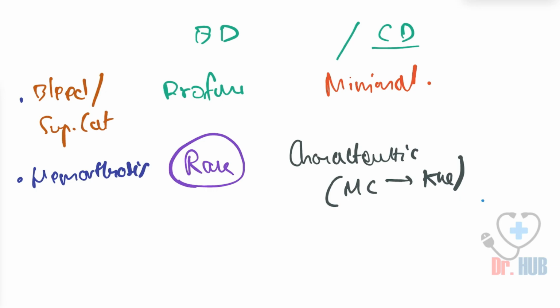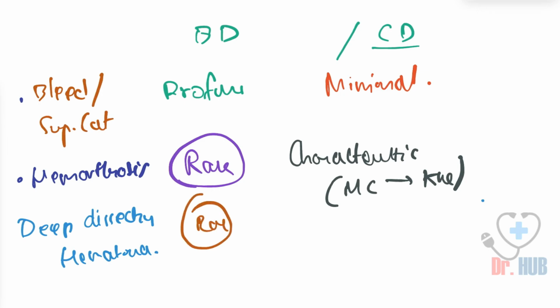Then we have the deep dissecting hematomas. In case of the bleeding disorder, they are very rare, whereas they are very characteristic in coagulation disorders, and most common in the iliopsoas.